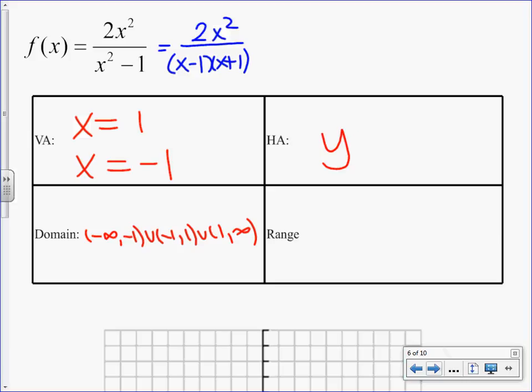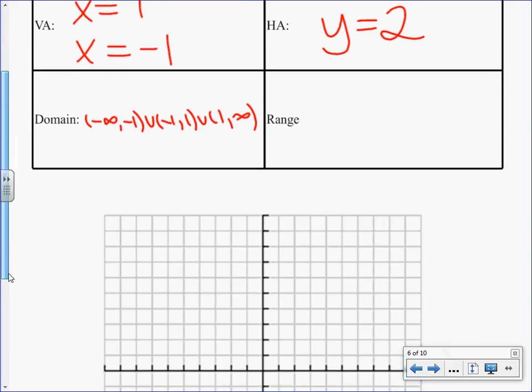So our horizontal asymptote is at 2. Now we want to identify the range, but with these graphs, I don't want you to do that until after you have graphed it. We will come back and look at the range once we have graphed it, because some funky things can happen.